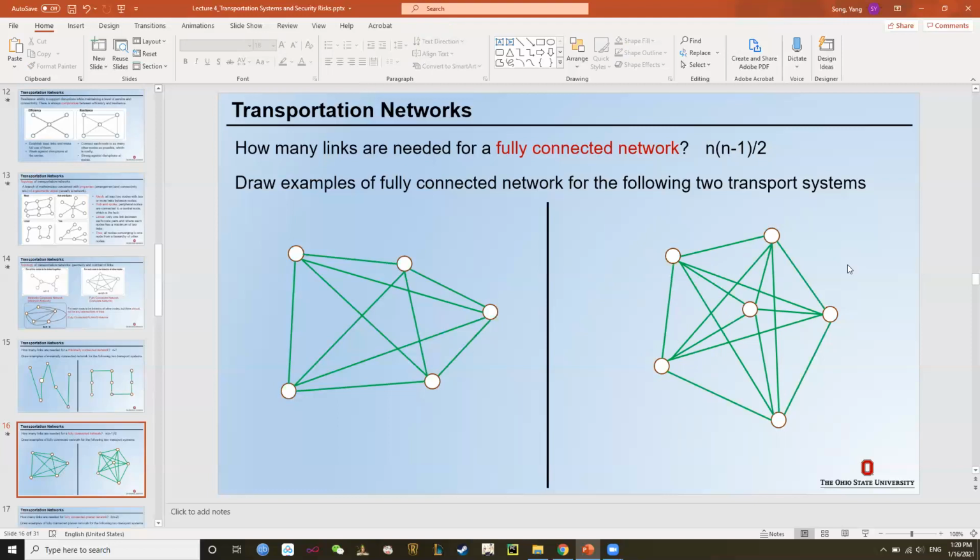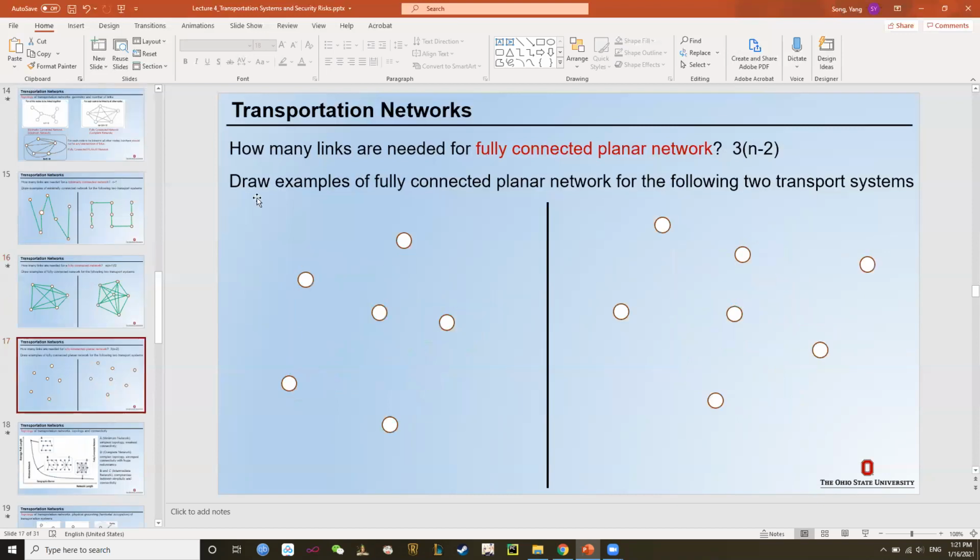Okay, so here when you're trying to establish a network like this, you need to be very careful. You need to make sure that you have exhausted all the links, all the connections, because each node needs to be connected to all the rest of the nodes. Okay, so next example here, let's talk about how many links are needed for a fully connected planar network.